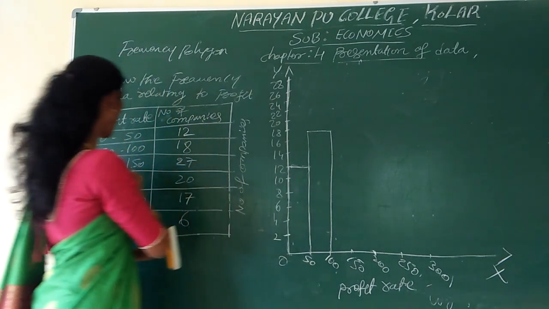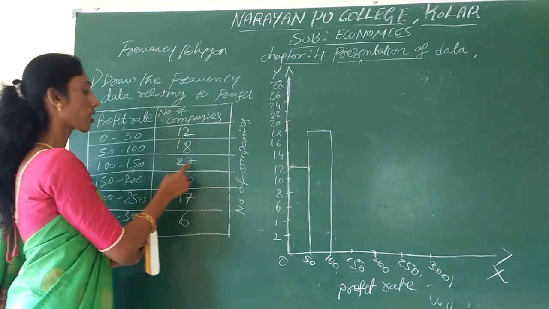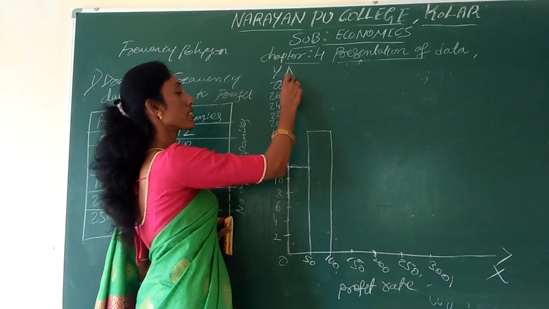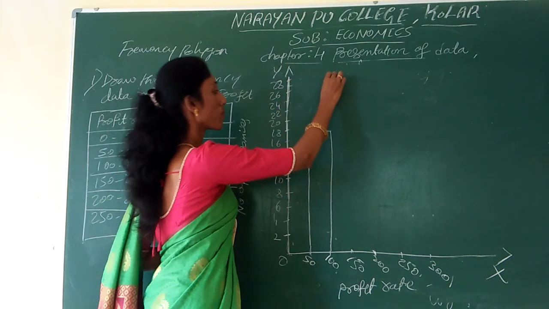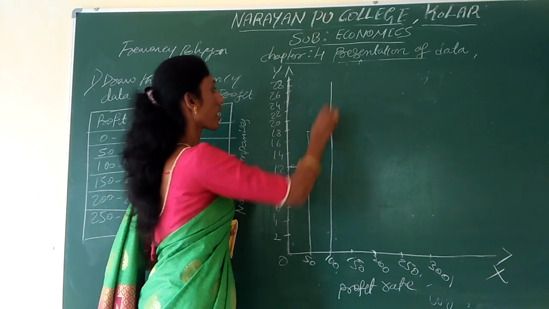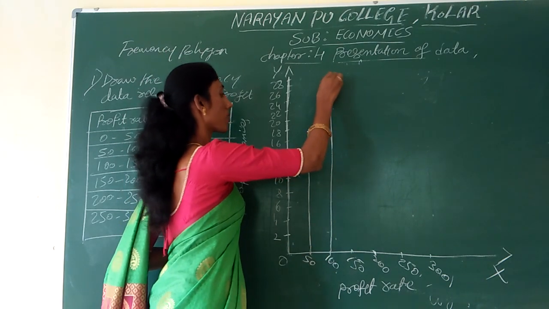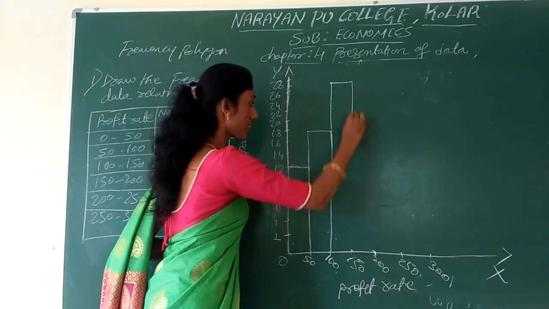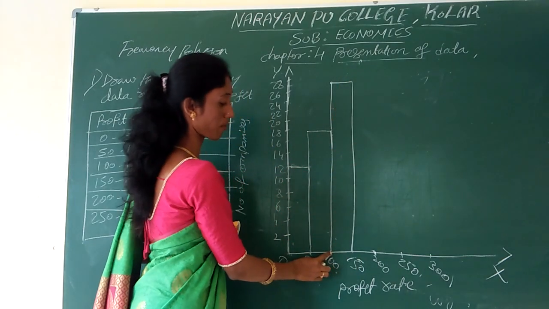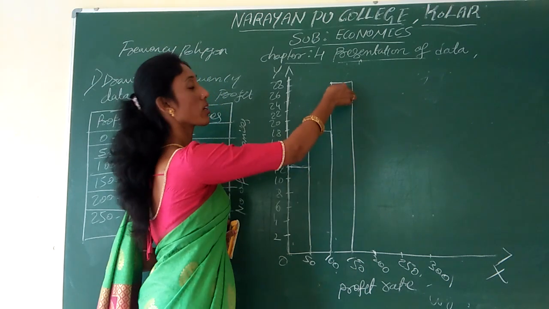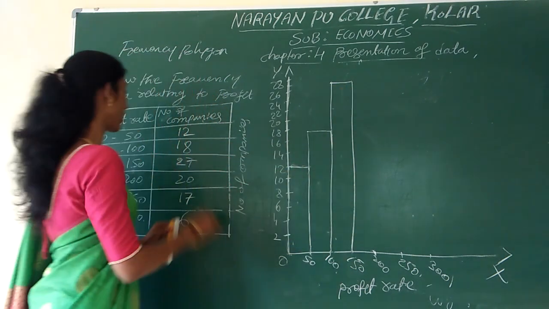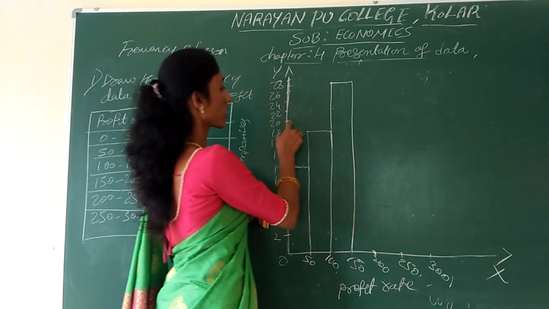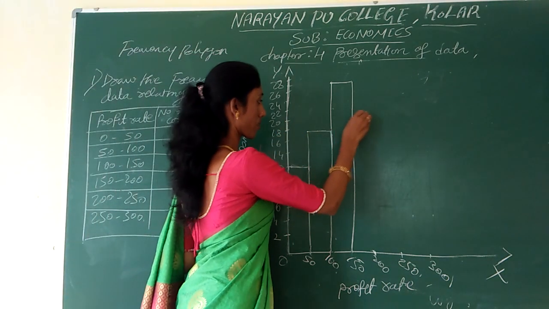And from 100 to 150, there are 27 companies. 27 means between 26 and 28, it comes here. Join this 100 line from here to 27. Then take a rectangle shape, add it to the 150. And from 150 to 200, 20 companies. 20 means it comes here.